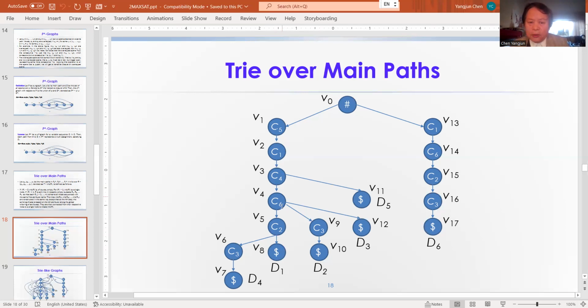Then this path is the main path in the P-star graph constructed for the conjunction D4. And this path is the main path in the P-star graph constructed for the conjunction D6.